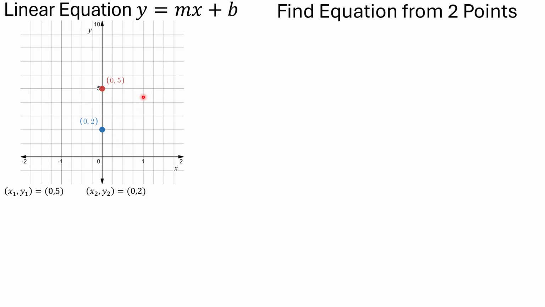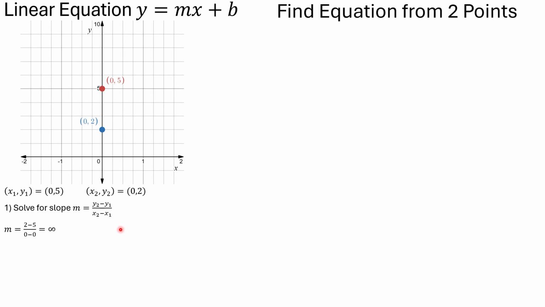Now, I'm trying to determine y equals mx plus b, so I need the slope and I need the y-intercept. This one's a little bit odd, but we'll see how it plays out when we try to plug it into the equations. So typically I would use rise over run, and that's just delta y over delta x. So let's see what this looks like for us.